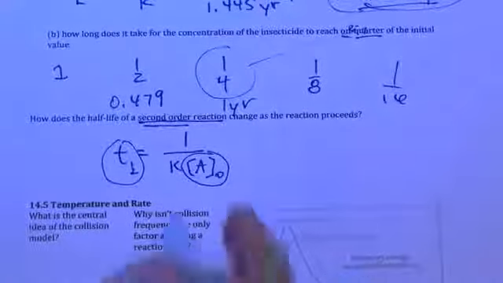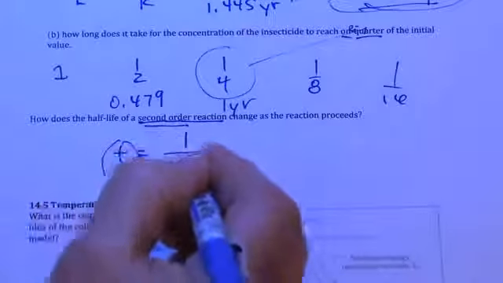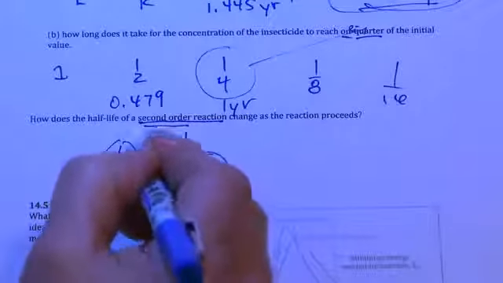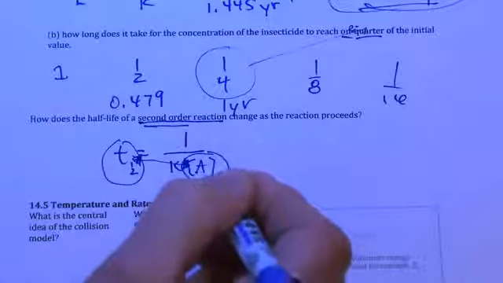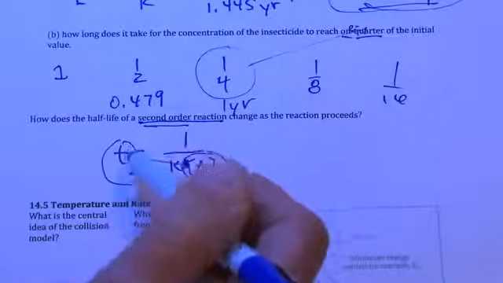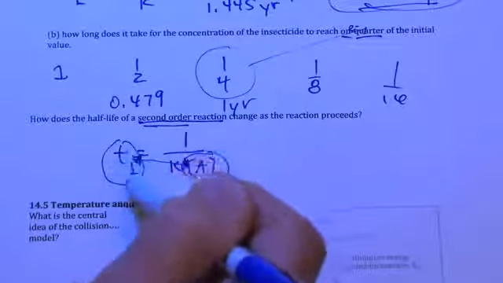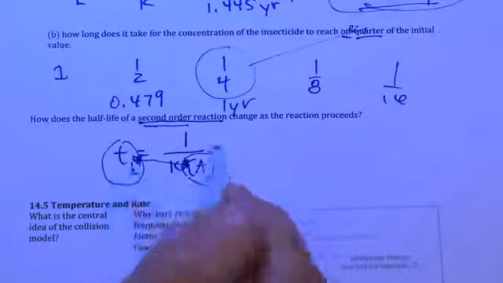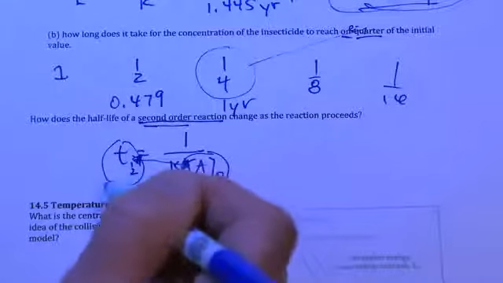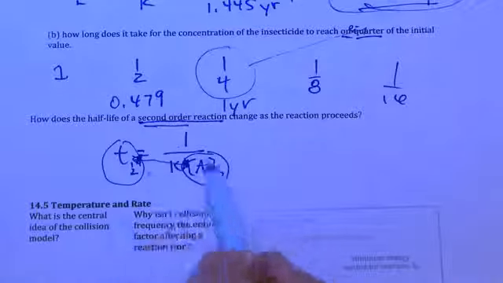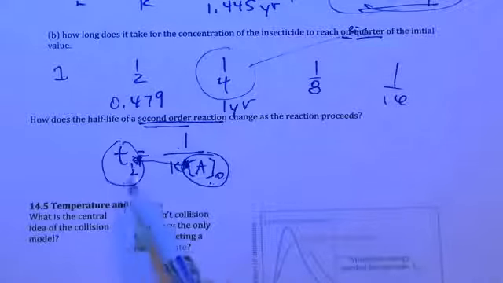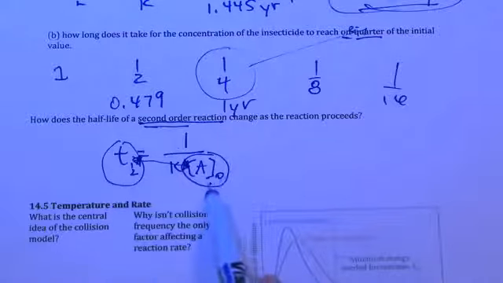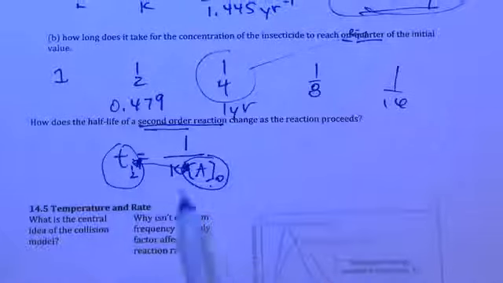So if something follows second-order kinetics, it's inversely proportional to the original amount of substance or original concentration. So if they had a lot right here, then you'd have a very small half-life. If you had very little here, you'd have a pretty long half-life.